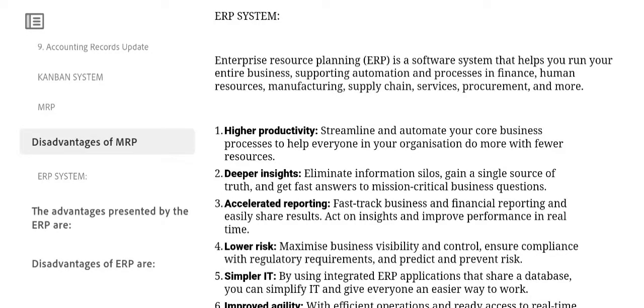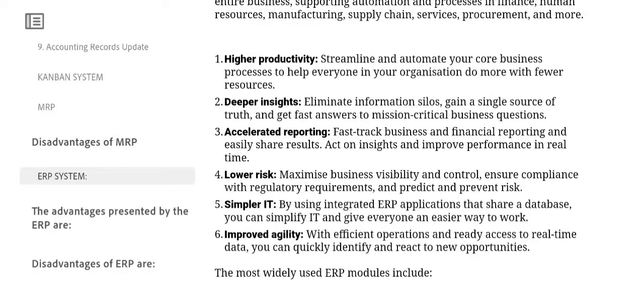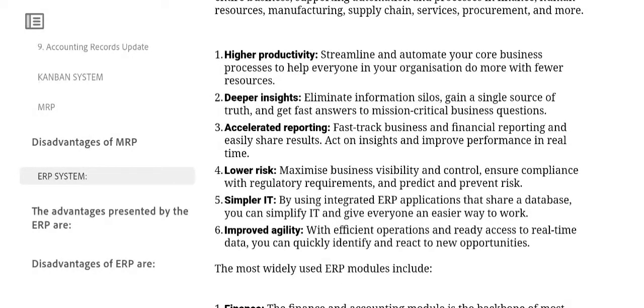Now, with the help of ERP, what you're getting, first one is what? Higher productivity. Higher productivity means everything is in line. After that, deeper insight, means what? Everyone is watching, so the person is very curious that okay, everyone is watching me, I have to do everything clearly. So that is the main thing. After that, accelerated reporting.